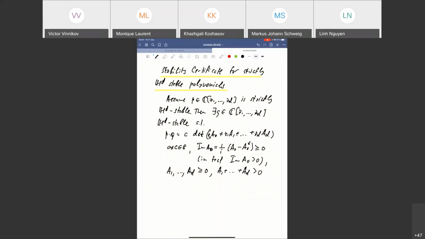And the claim is that assuming strict stability, this is enough. Okay, I have to finish, so let me just say a few things. First of all, we do not know, it's an open question, whether this is true without strict stability.